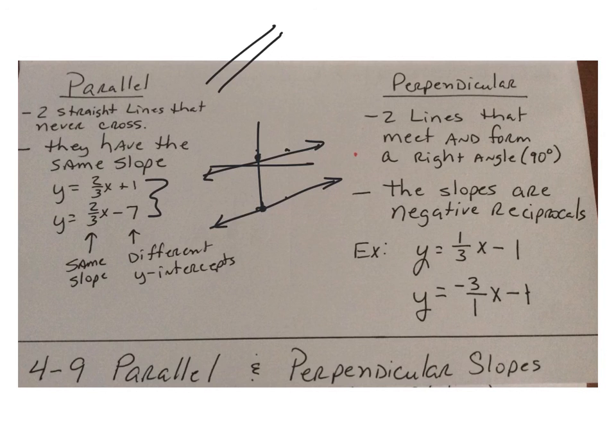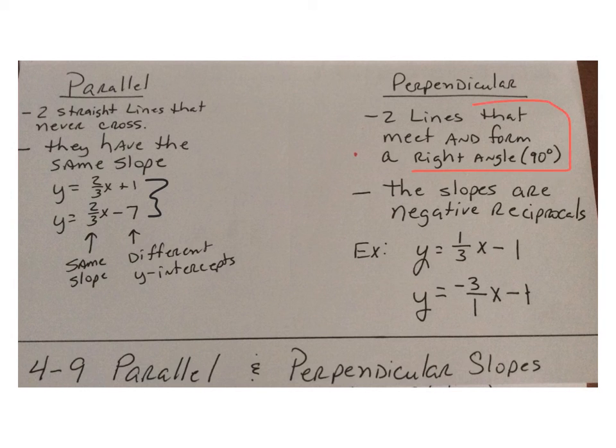Conversely, if you look at perpendicular lines, they cross and make a right angle of 90 degrees. Now, we don't really measure that on a graph, but you should be able to visually see that. The slopes are negative reciprocals.